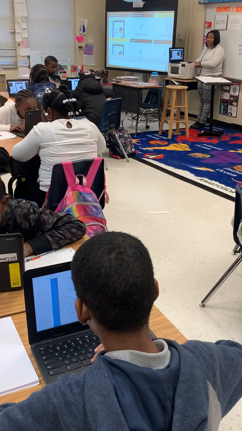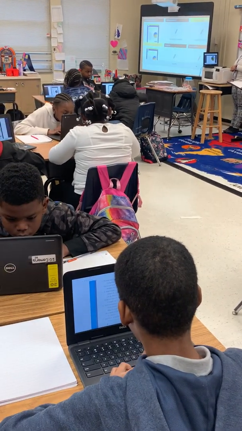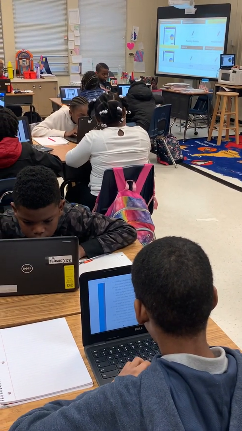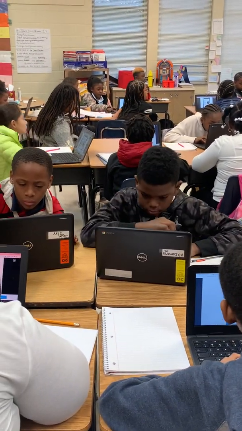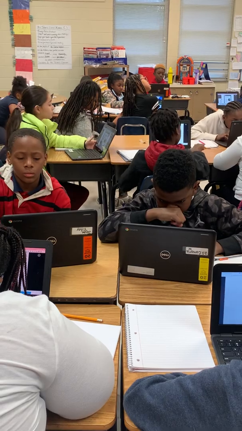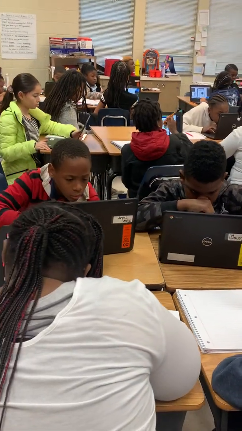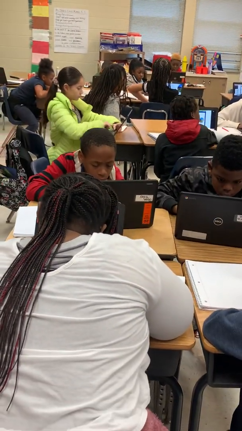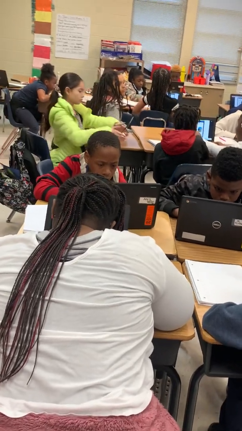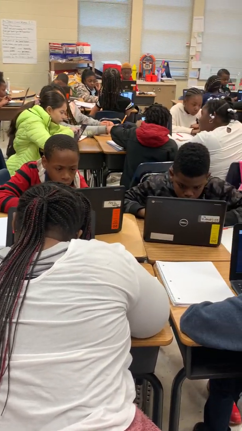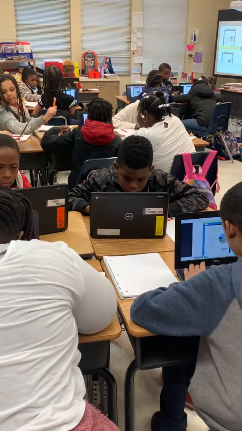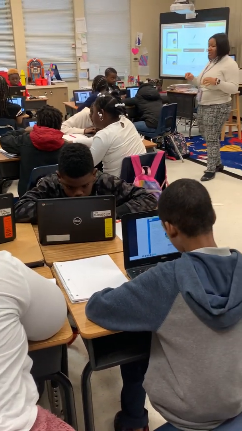So, now on your device, you have the poem in front of you. I want you to underline or circle all of the places that it tells us that a road can take us. So underline on your computers, underline or circle all the places that it says a road may take us.